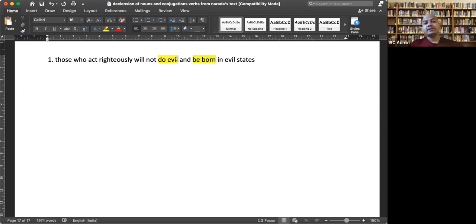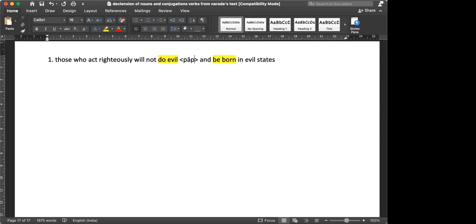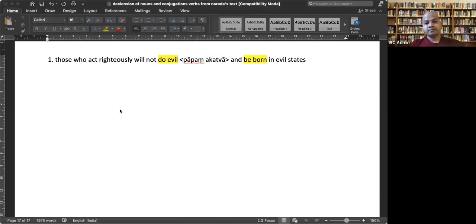And this part, doing evil, you can put in gerund form. To act righteously. Na papang katva.